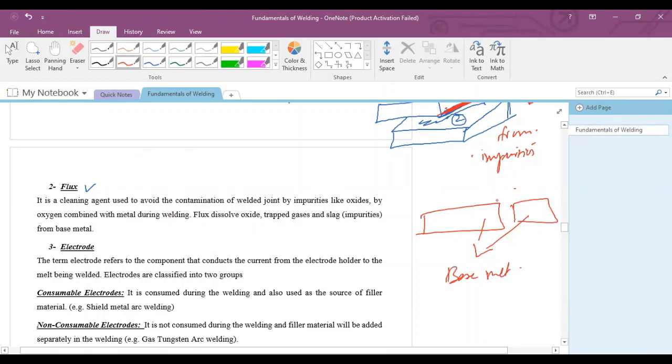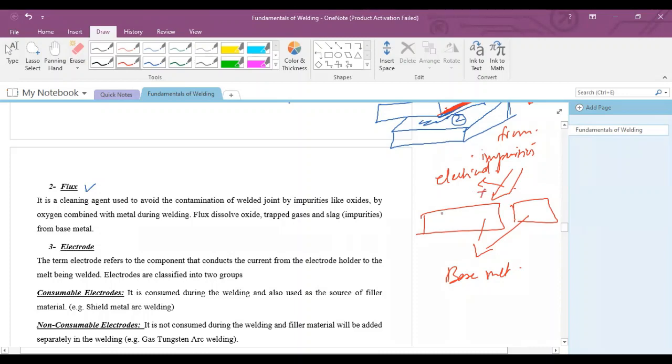And an electric arc will be produced between the electrode and the base metal. This is the electrode. The electrode will conduct electricity, right? And due to polarity, because sometimes there is reverse or straight polarity, I will explain it later.